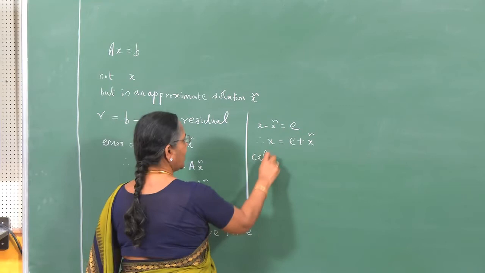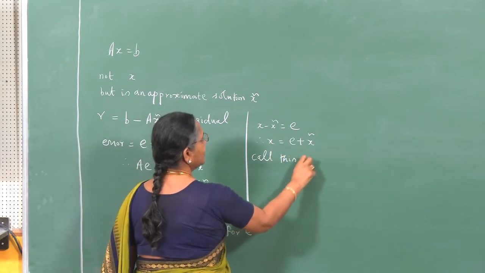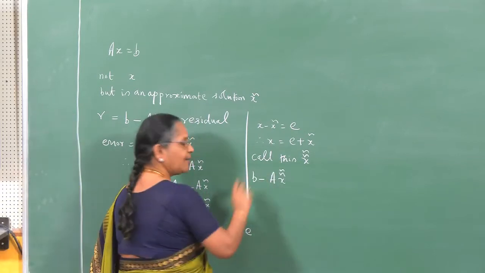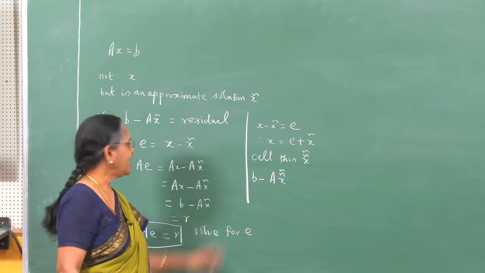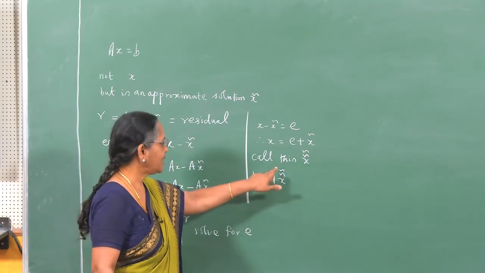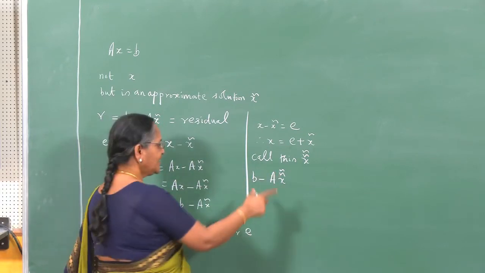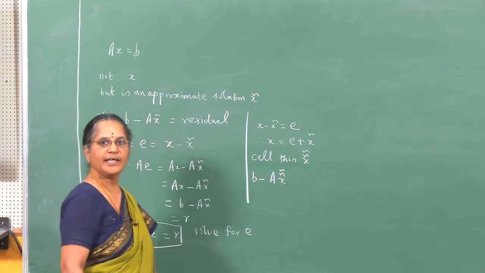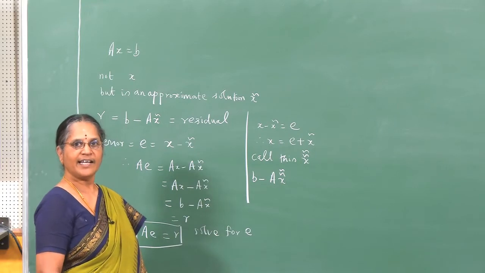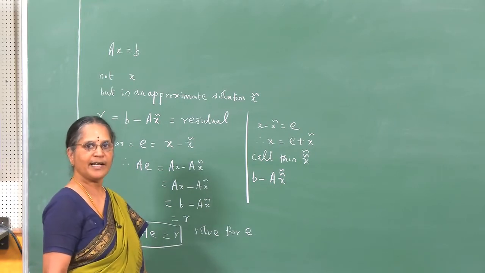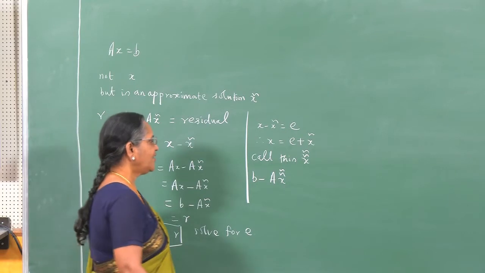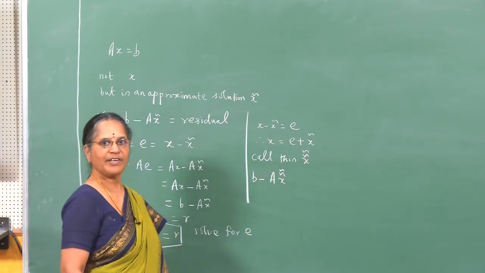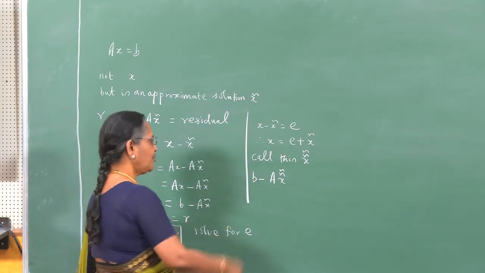So, we call this vector x double tilde. We compute what is b minus A x double tilde. If the x double tilde that we computed is within the desired degree of accuracy that we have demanded while computing our solution, then we can take x double tilde to be the solution and stop our iterations. If not, what do we do?